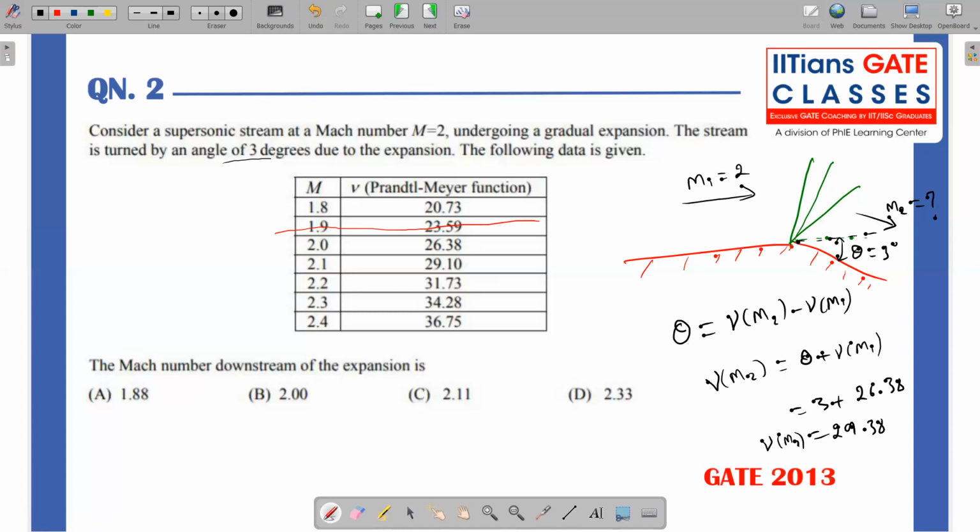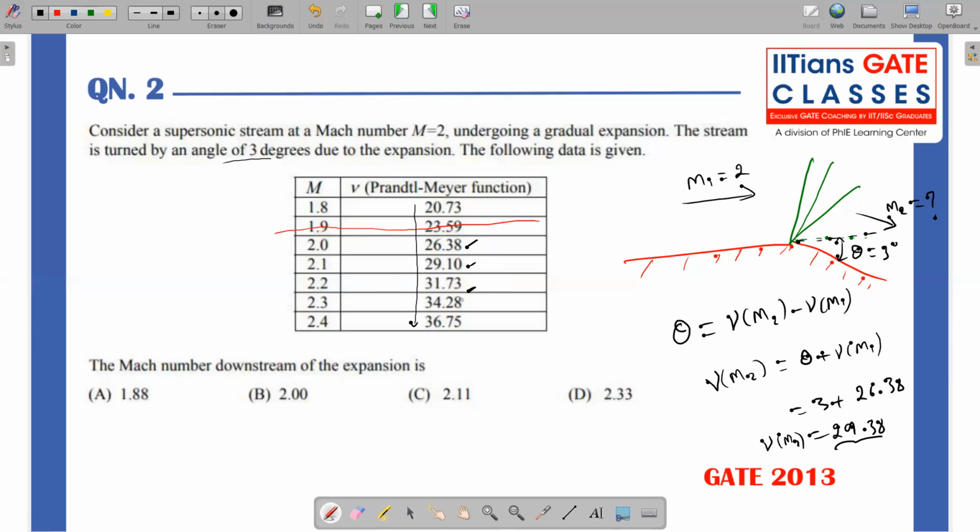If I get this value, what should be the corresponding Mach number? Let us look at the table very carefully. I have 26.38, and this is 29.38. So I have 29.10 and I have 31.73. So mu of M is increasing with respect to M. With the increase in Mach number, this is also increasing.